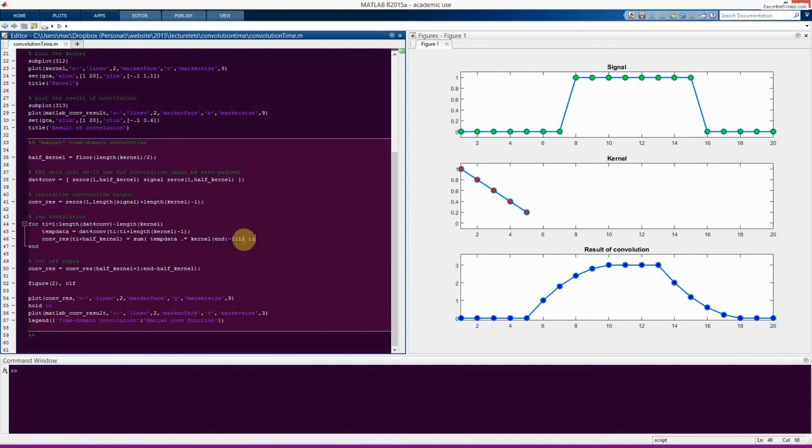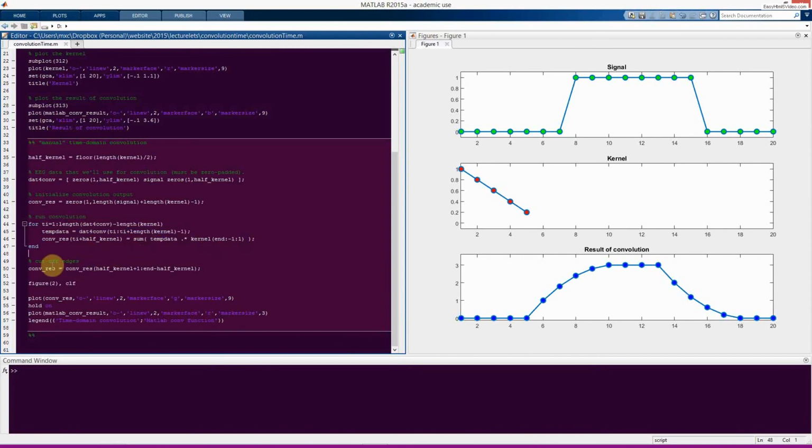You don't have to do this when you implement convolution as frequency domain multiplication, so you don't have to worry about this too much. The important thing to see here is that at each time step, we are computing the dot product, so it's the element-wise multiplication then sum between one part of the data and the kernel.